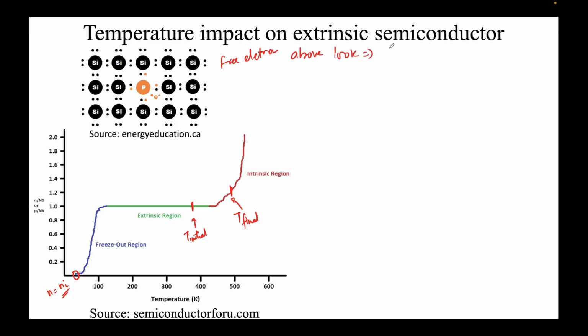This implies it is free to conduct, and it will form a part of the conduction band. So the concentration of electrons in the conduction band will increase after 100 Kelvin, and this concentration will be exactly equal to Nd. In this case, Nd was 10 to the power 17 per centimeter cube.